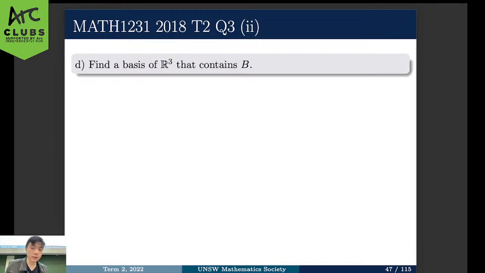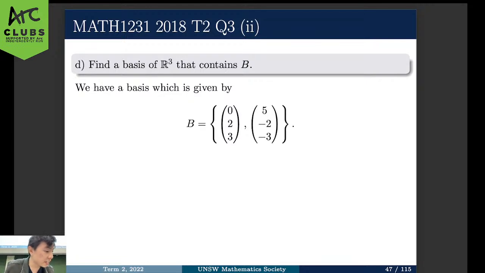And now we want to find a basis for R3 which contains B. We have the basis of the image of D, which is given by these two vectors.